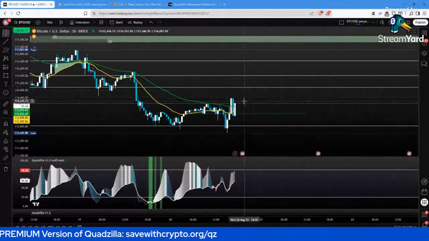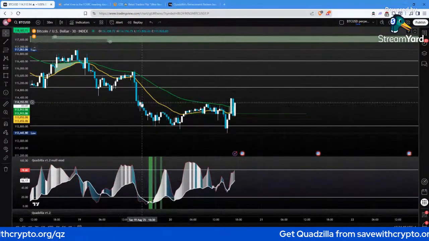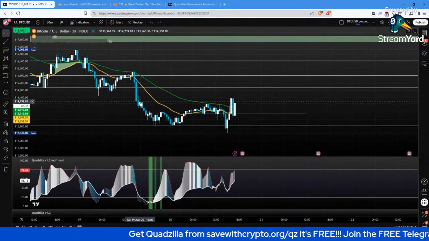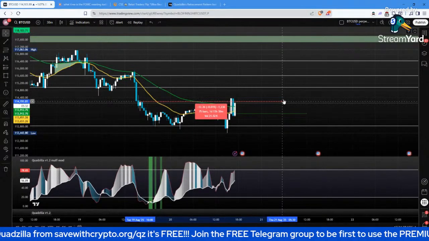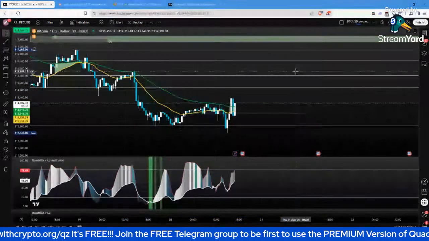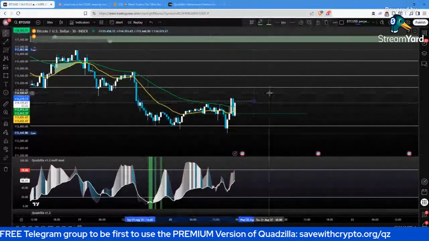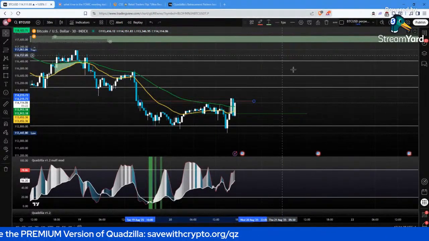I think you're definitely right about the 114 level. Oh, it's also that, isn't it? Oh, I forgot to draw it. It's kind of wanting to break above that. Oh yeah, I just made that red.